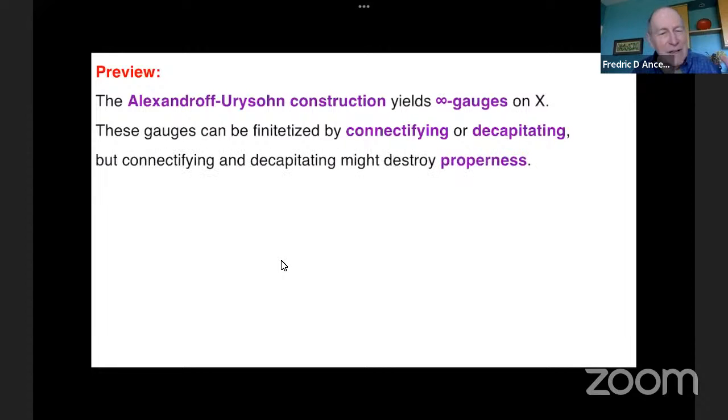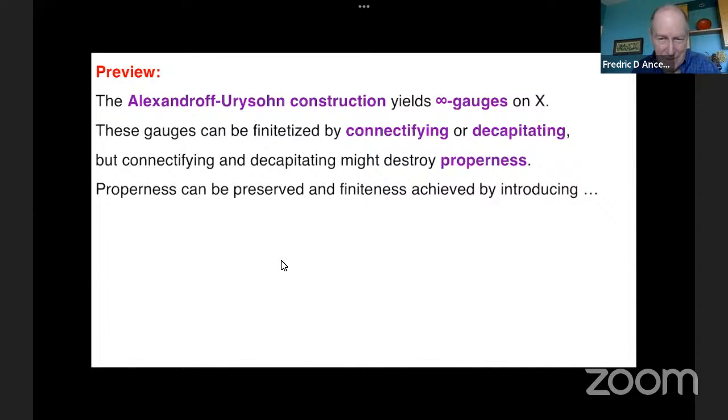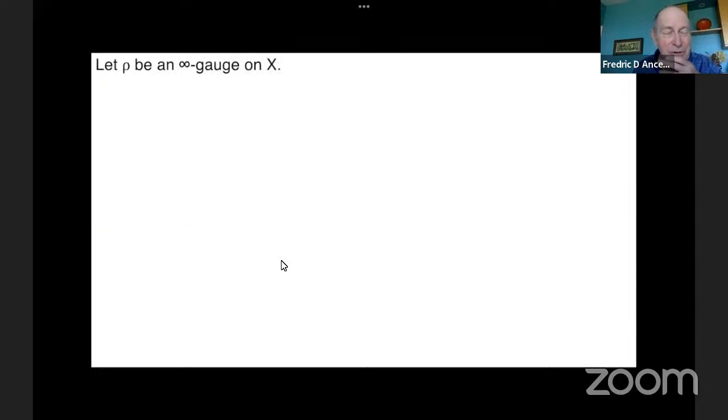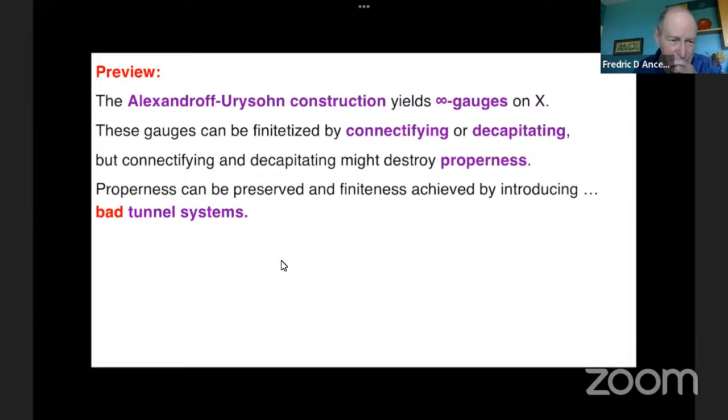If properness were something that I could hope to achieve, I might mess it up by this method. But you can introduce what I've called bad tunnel systems, and that will allow you to gain properness. So let me explain the idea.